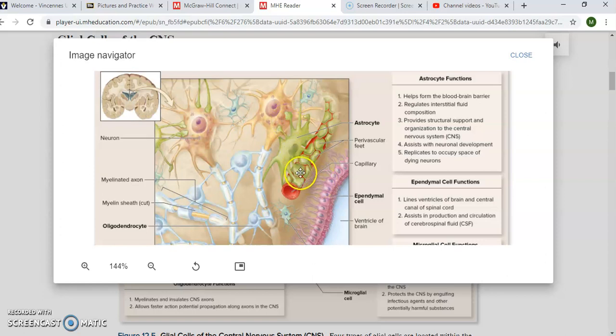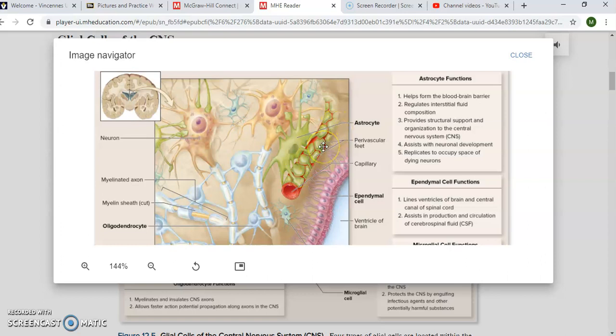Also, the little foot processes that are surrounding the blood vessel provide a bit of a barrier. So certain things in the blood can't get out around the neurons, but certain things can. We'll talk in more detail about the blood-brain barrier when we get to the brain chapter.